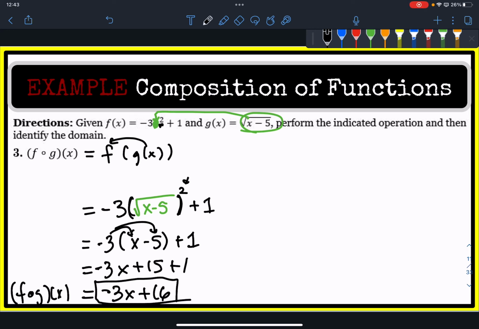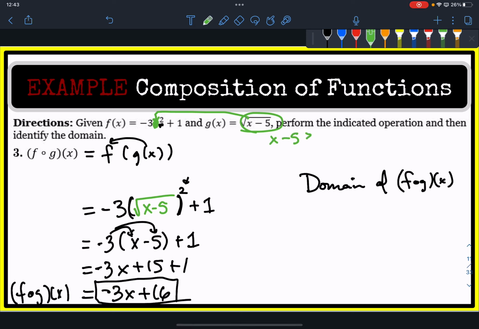Now, to figure out the domain for this, I have to see if there are any restrictions at the beginning, and there are. Because of the square root, x minus 5 has to be greater than or equal to 0. By adding 5 to both sides, x is greater than or equal to 5. So I have the restriction that x has to be at least 5.